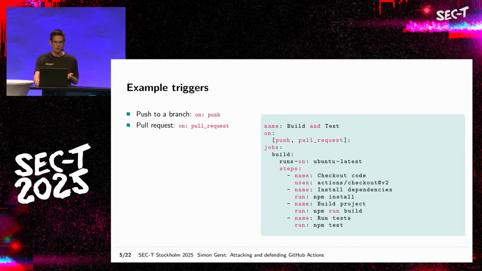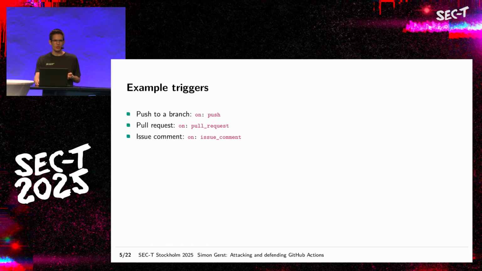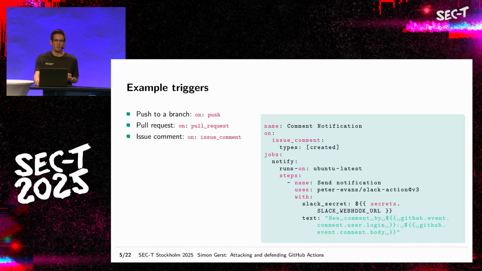So pretty simple. You could also do some issue trigger. So maybe you're interested if somebody opens a new issue, you maybe use Slack or Discord, or maybe you want to send an email, and then you can use, for example, a third-party action, which will then post a new message when somebody created a new issue comment.